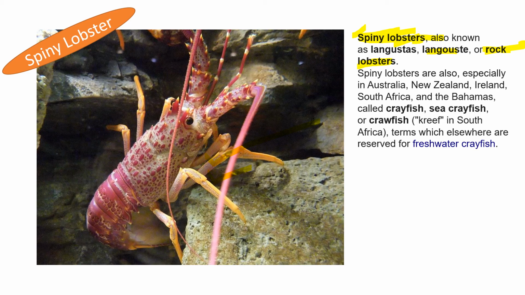For our understanding, we shall not call this crayfish; we shall call it spiny lobster or rock lobster. When we talk about crayfish or crawfish, we'll be talking about the freshwater lobster-like creature.